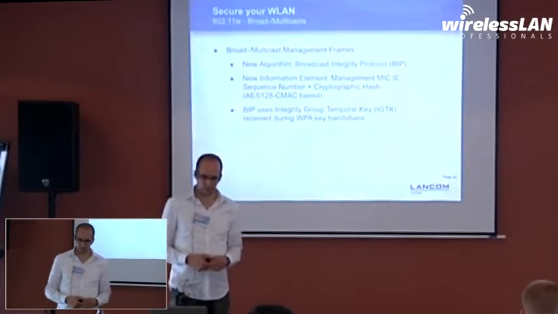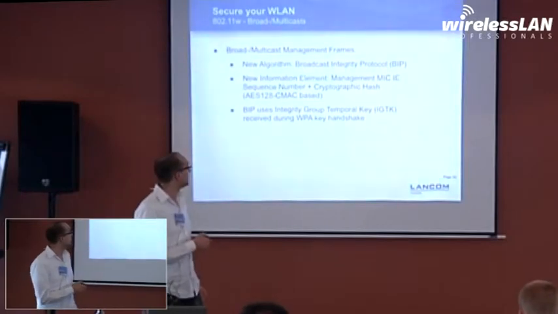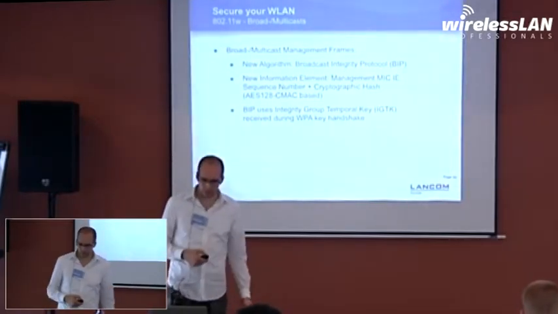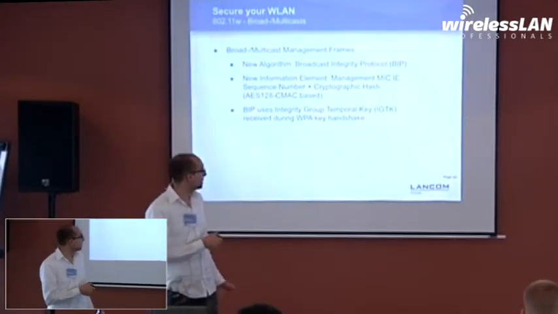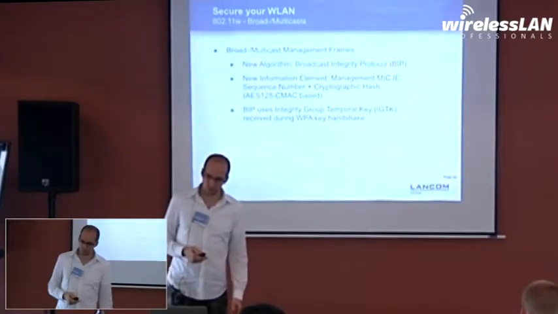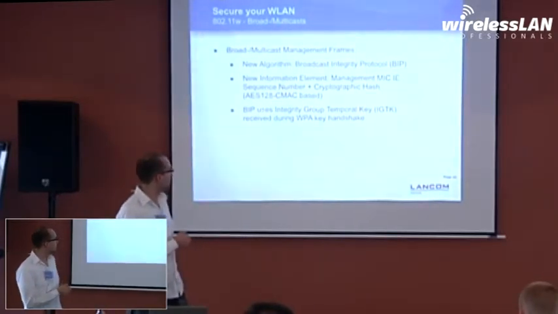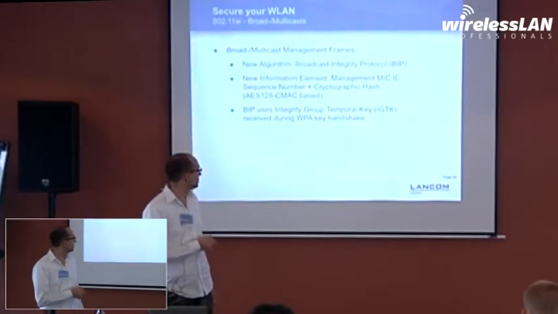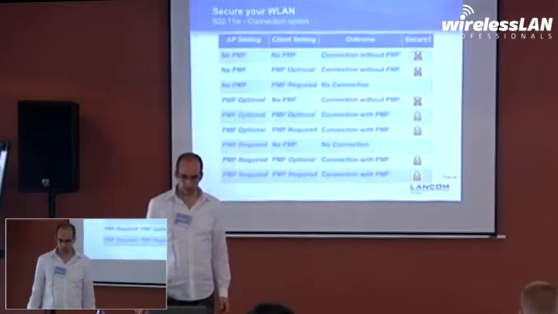For the broadcast and multicast management frames, there was no encryption algorithm, so we had to invent a new one called Broadcast Integrity Protocol, or BIP for short. There's a new information element with a sequence number and a hash to protect these frames. BIP uses a new key called the integrity group temporal key for the transmission, which is also received during the four-way handshake.